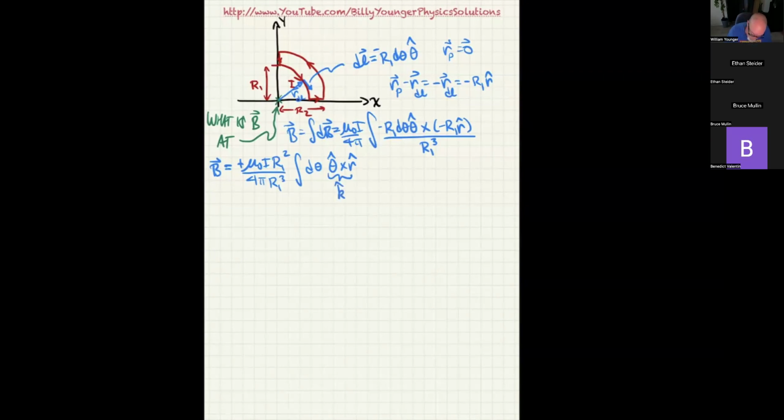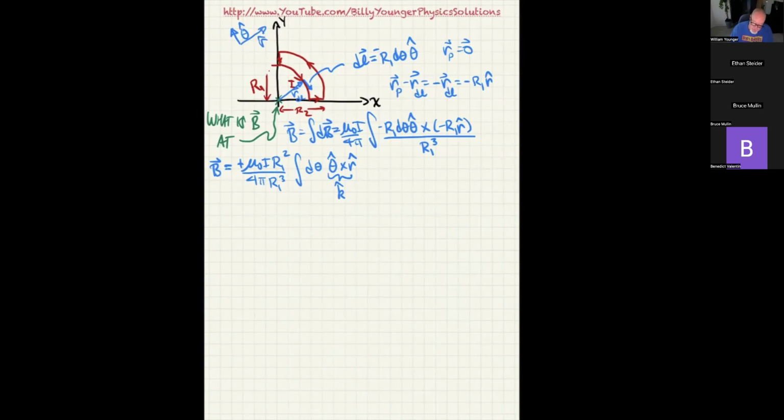If you want to see how that is, there's your theta hat, or actually your theta hat should technically be the other way. So let me fix that. Remember, we use negative theta hat. Oh, and this is R1. So theta hat should technically be this way, and then R hat would be this way.